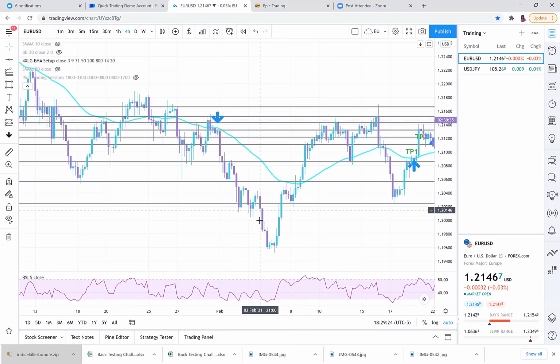So all of this area here is a great sell opportunity, whether you want to jump in after the candle closes, after the 50 EMA, or again, just look for an area that's close to a zone and take it zone to zone, maybe 2 zones if you're feeling comfortable. And that's it.